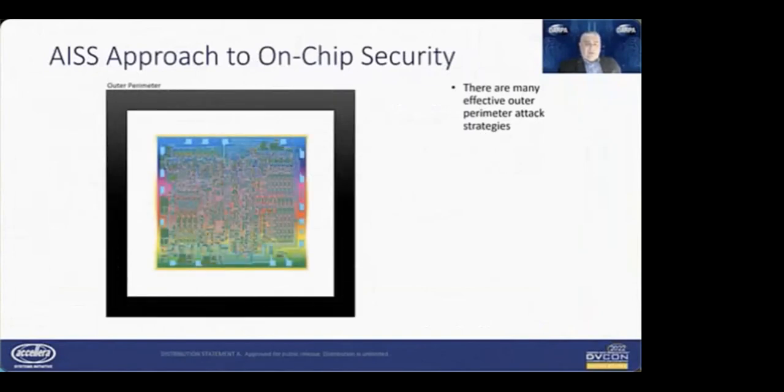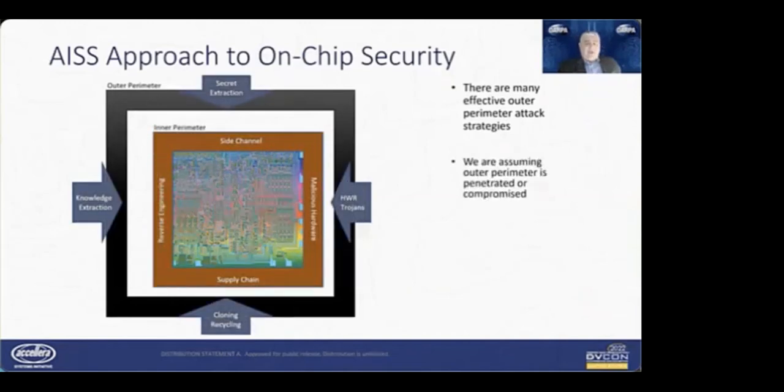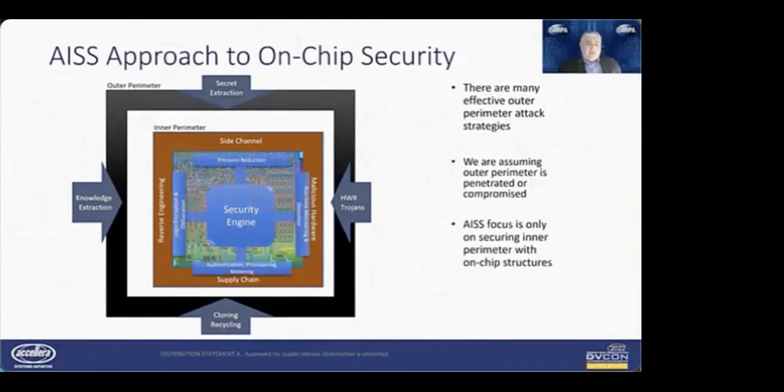And so the central element of what we're doing is the notion of a security engine. In this context, we're introducing a piece of IP, which is largely hardware, but also has software. This piece of IP resides inside an SoC and effectively protects against attacks through those attack surfaces that I've discussed already.